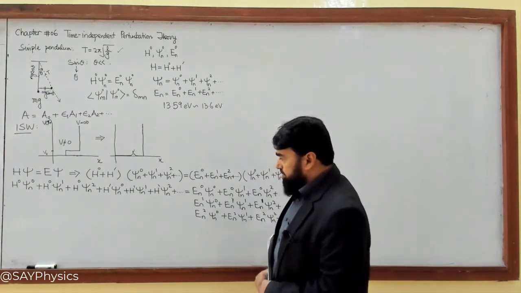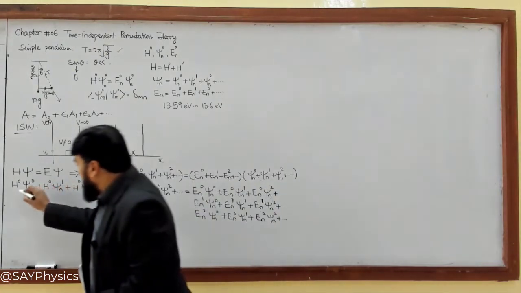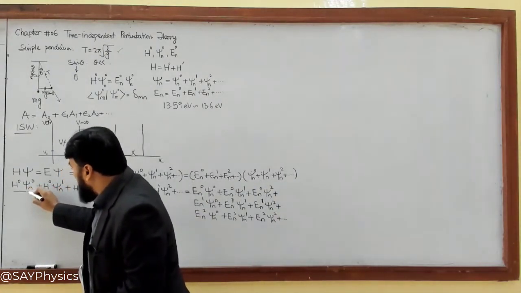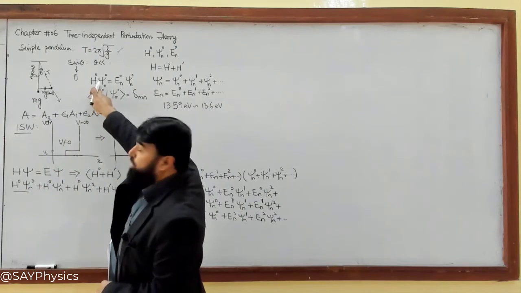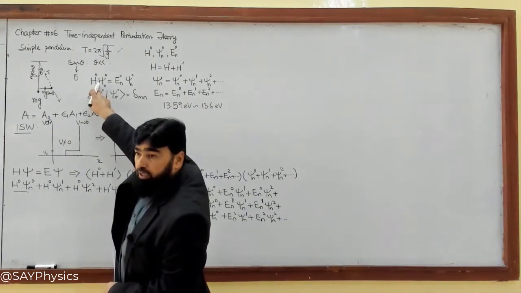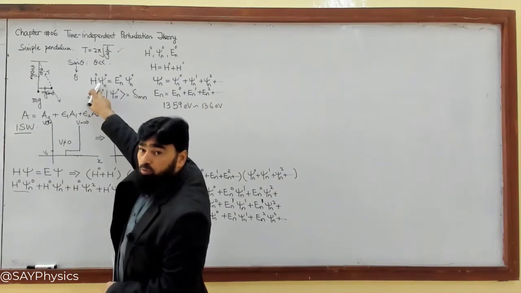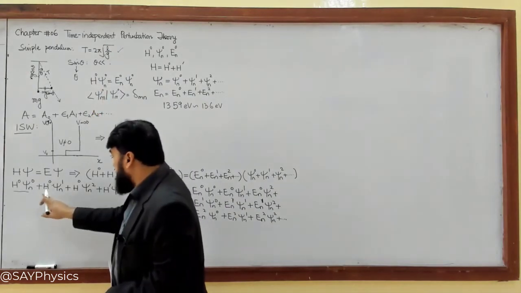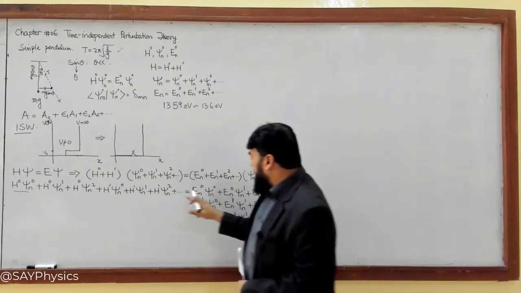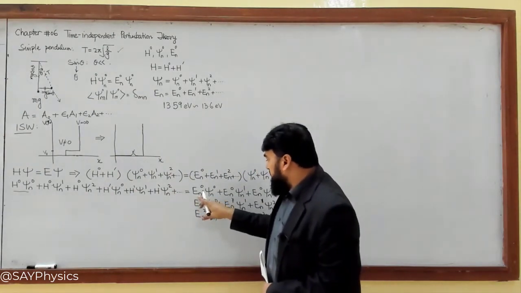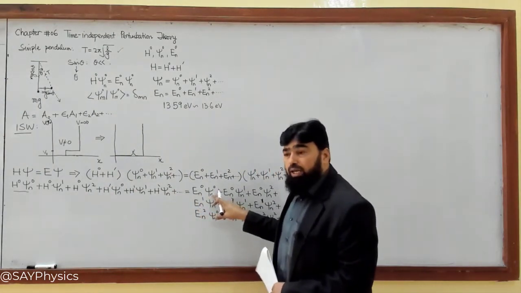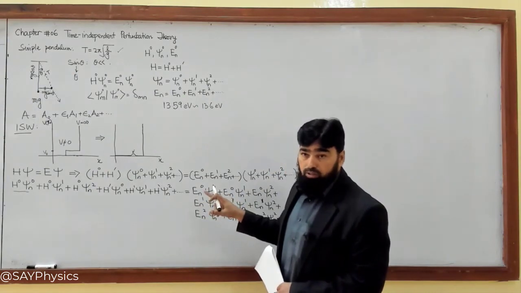Look at the first term, H0 psi n0. This is the unperturbed situation. This one was the solvable part, right? The one we have already solved. If I look here, this is 0 and 0, so I call this zero order.